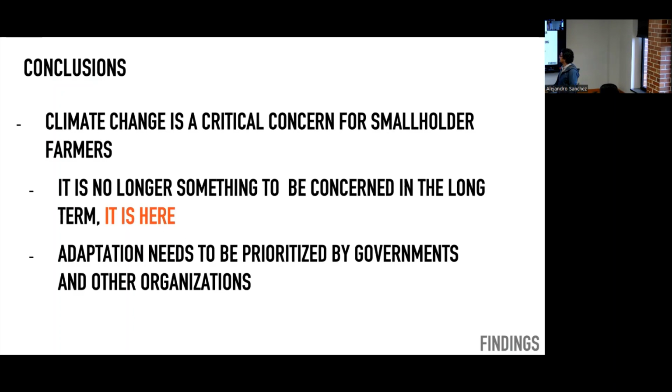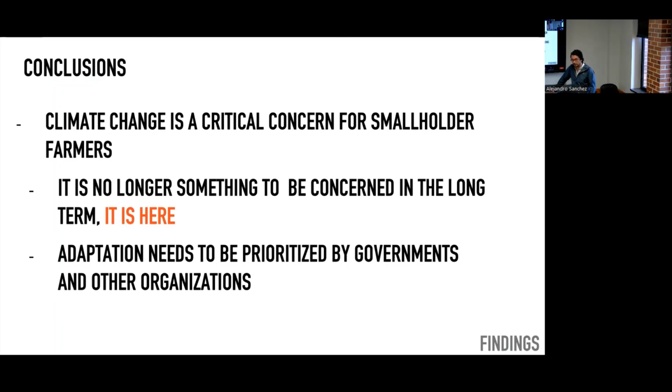And lastly, climate change is a critical concern for smallholder farmers. Besides maybe 2 or 3 farms, I would say 95% of the agriculture there is rain-fed. People used to say that climate change was a long-term issue. It's not.